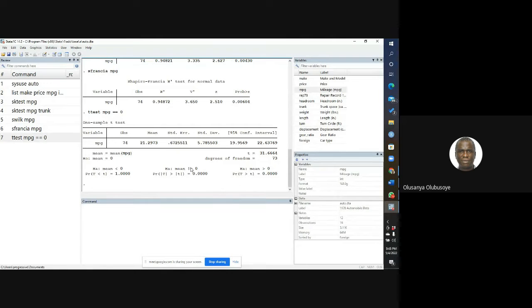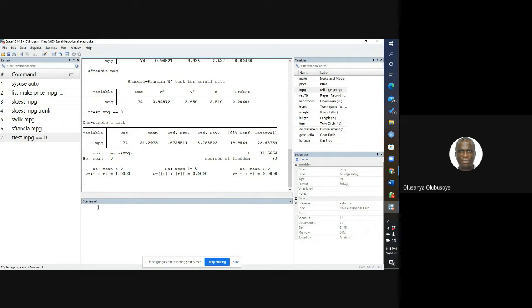It only says it's not different from 0, but it doesn't say whether it's less or greater. But this one, the direction is very clear. It says that it's positive. So this is how we interpret this for a one sample t-test.